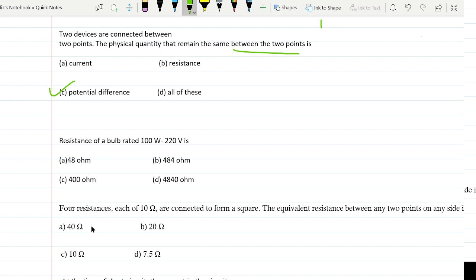Another 2 questions we'll do here, and by this we'll wind off this class. See here, the resistance of a bulb rated 100 watt and 220 volt means you have to find the resistance of the bulb whose power is 100 watt and voltage is 220 volt.